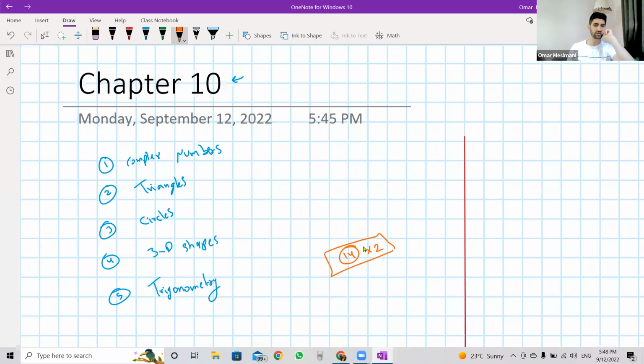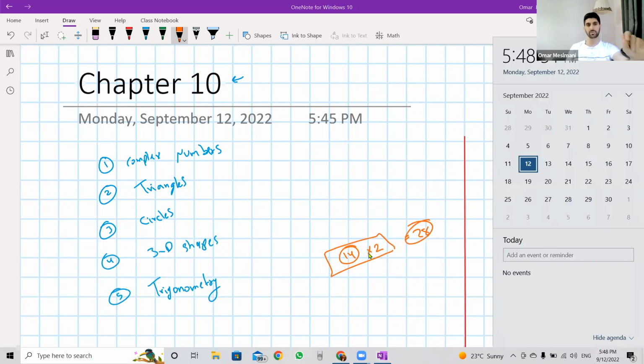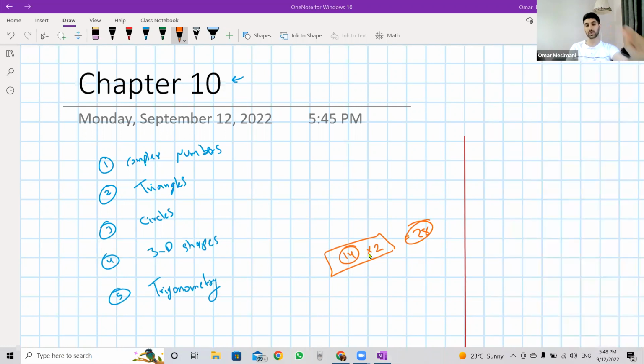So basically 14 times 2 is 28. So you're going to go with the October test with as many practice tests as you're able to do. Okay, so inshallah, you're going to be able to finish and do your best.